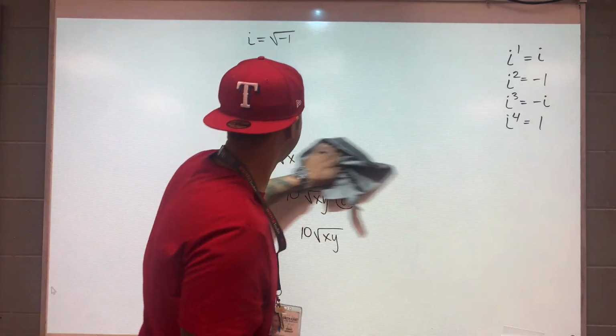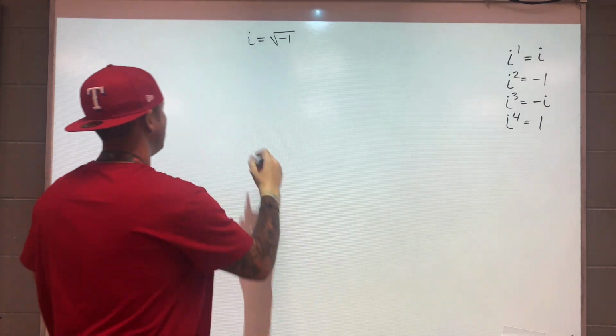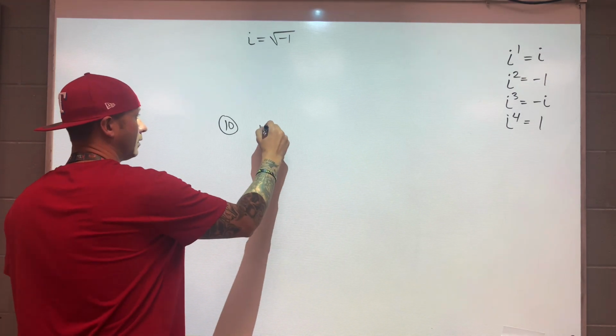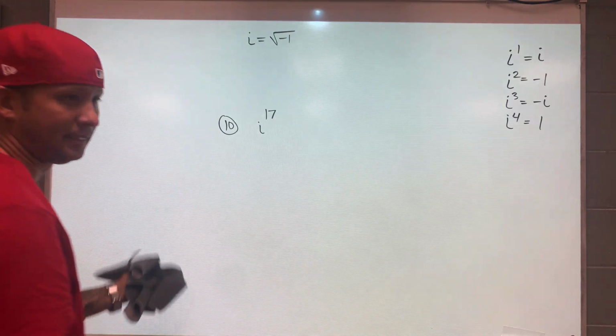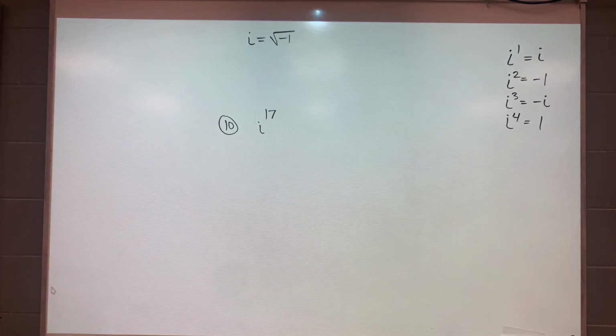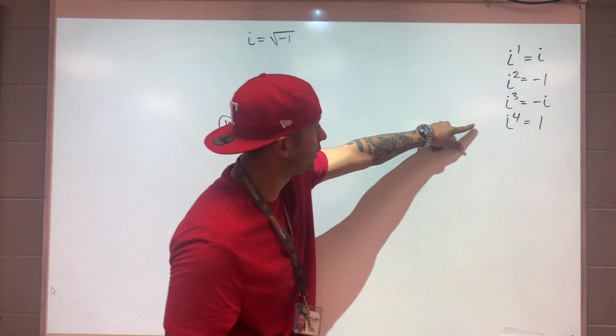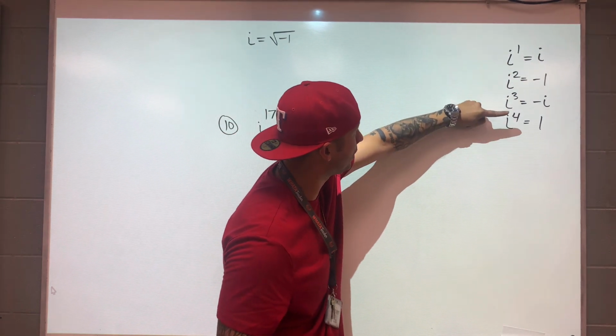Okay, here we go. Number 10. i to the 17th power. It really doesn't matter what power they give me, right? Because this pattern will never fail. It'll never break.